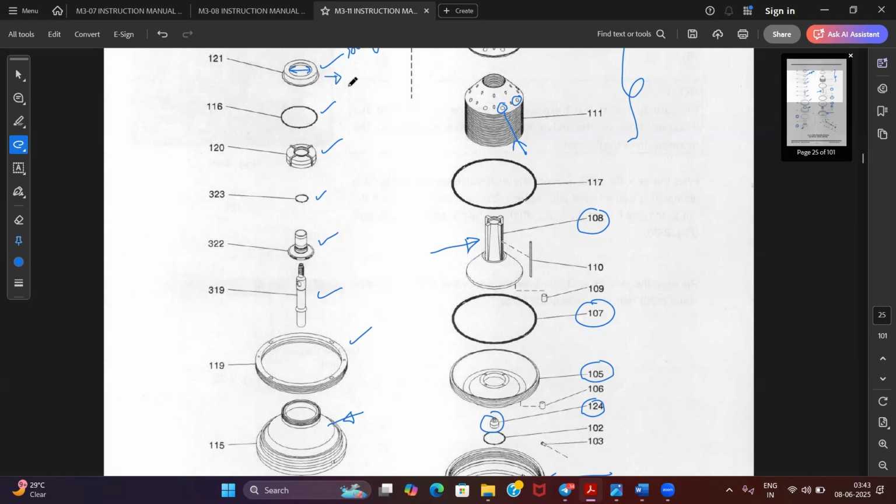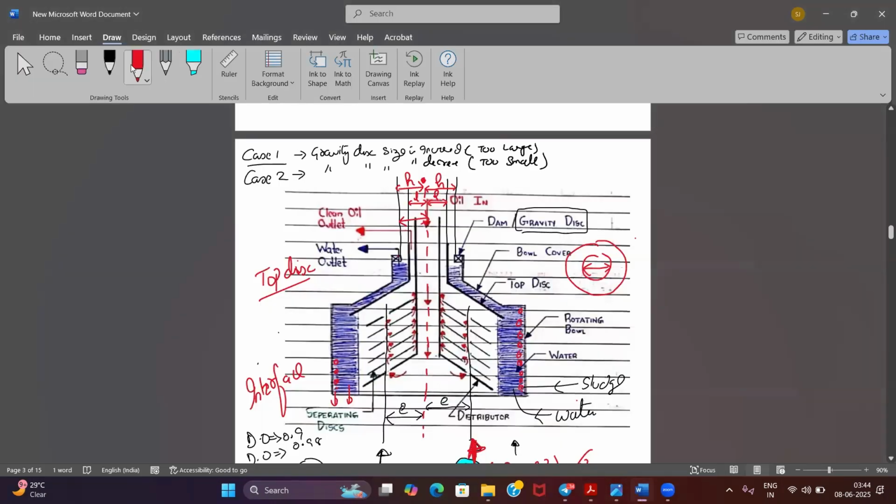So you have to use a gravity disk whose internal dia is lesser as compared to what you are using right now. So this is my internal dia. So when this internal dia is less, then I'll just erase all this part.